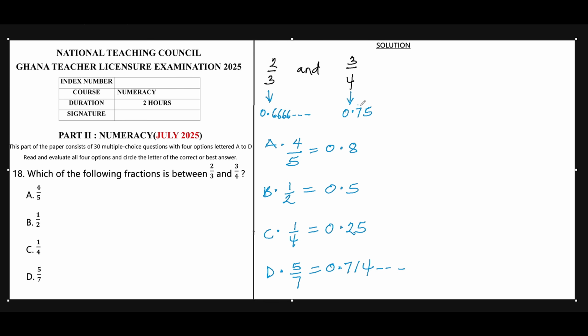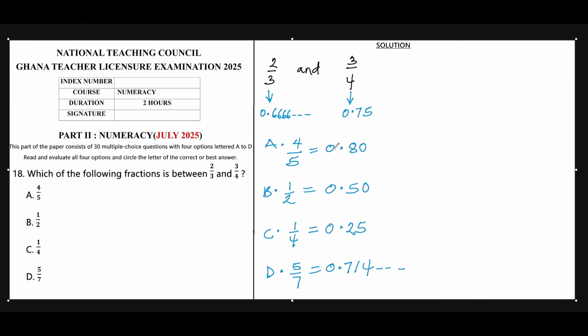Now let's compare. Let's focus on 2 decimal places. So 0.8, let's add 0, making 2 decimal places. 0.5, let's add 0, 2 decimal places.